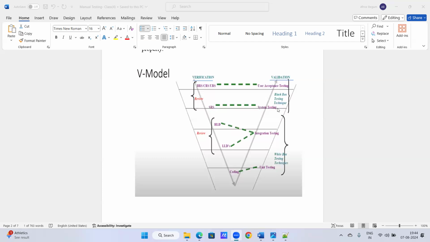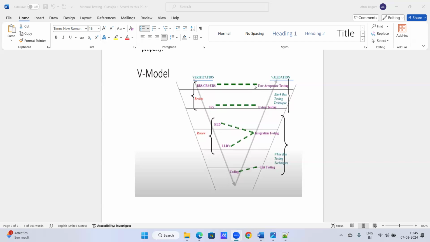So we will test whether the application is working as per the client requirement. From a user point of view, how the functionality is working comes under system testing. And the last phase is user acceptance testing, that is UAT. After completion of system testing, the user does some kind of testing at their level.